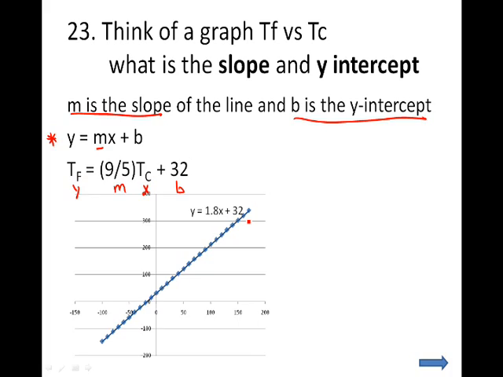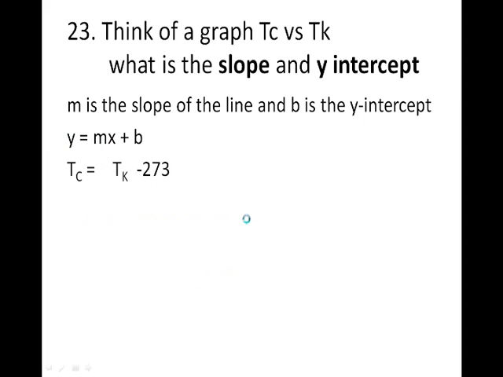Number 23, the second part, was looking at Celsius and Kelvin, and so here you see that the slope is just 1 because the relationship between Celsius and Kelvin, remember, is that 1 degree Celsius, that much change, is equal to 1 Kelvin, and so the slope, of course, then is just 1.